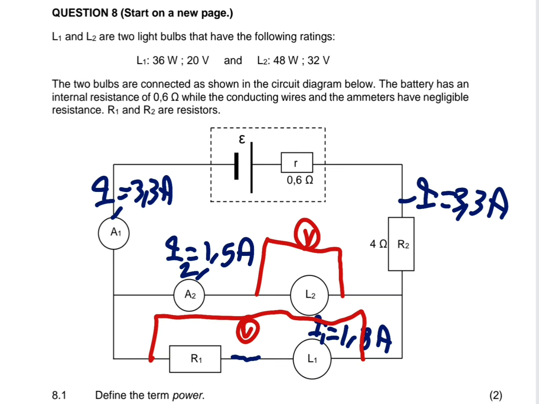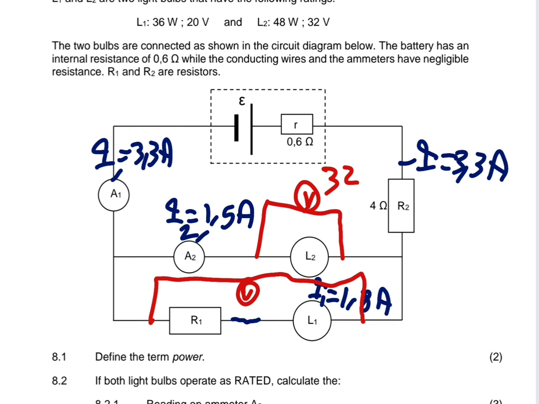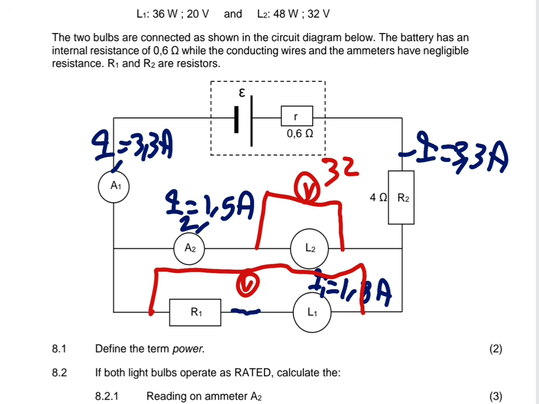So if we look at the voltage of L2, it is 32. And if we look at the voltage of L1, it is 20. So we might ask, but why is it different? Because we said they should have the same voltage if they are in parallel.